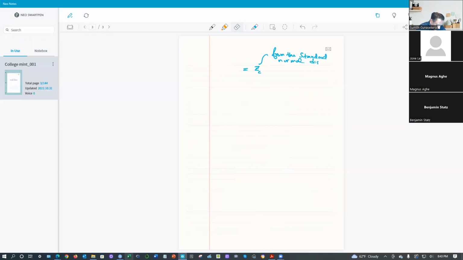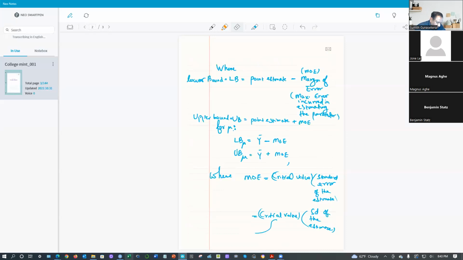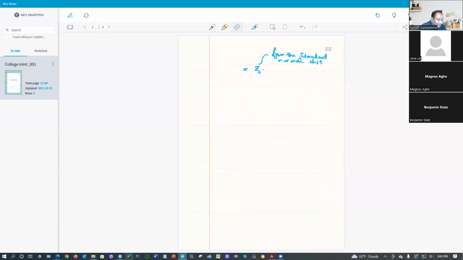I'm going to get that from the standard normal distribution. Sometimes we call the critical value the cutoff value, or table value, because it has been taken from a table. Z_C times the standard deviation of y bar.